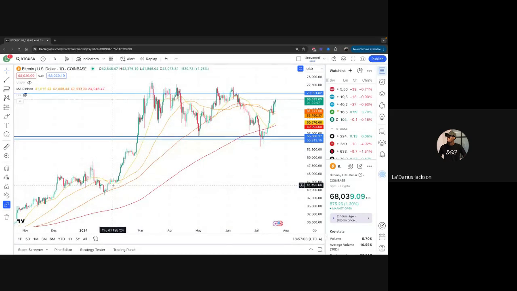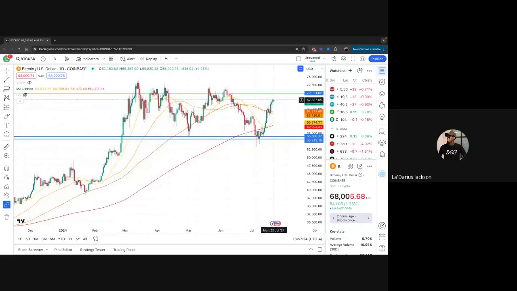For my people who chart patterns, this is an extremely large bull flag, right? A bull flag would have started down here. And a bull flag, for my newer people, is just a strong move up. The stock will consolidate out to the side like a flag. Just think about a flag, right? This is the flag pole, a strong move up. This is the flag waving out.